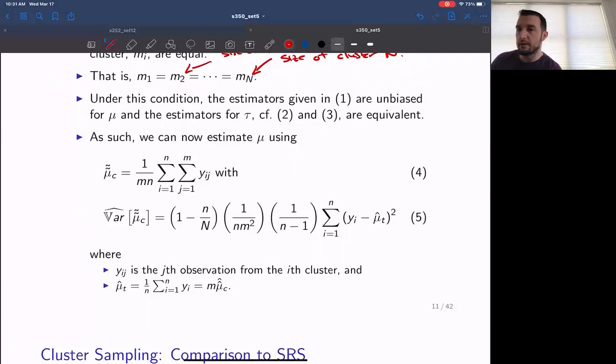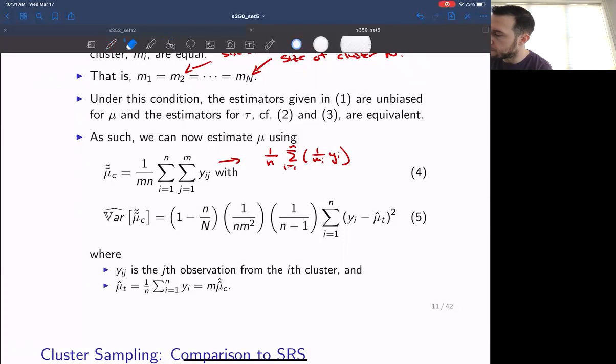All right, and again, we're able to do this because cluster size is equivalent, because this would be the same thing as 1 over little n multiplied by the sum from i equals 1 to n of 1 over mi yi, but since each mi is equal, that becomes a constant and we can pull it out. Okay, so that is the idea here. Sorry, and I'm just missing this one part in front, which is the sum from i equals 1 to little m. These are j's.